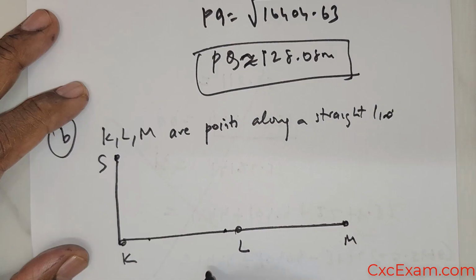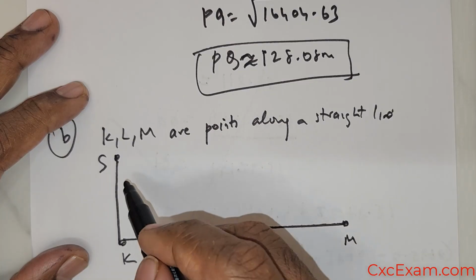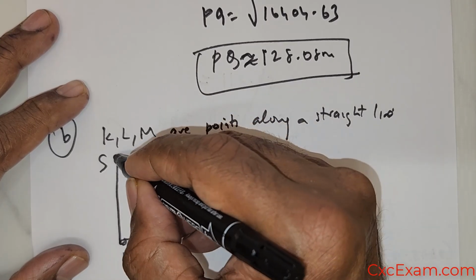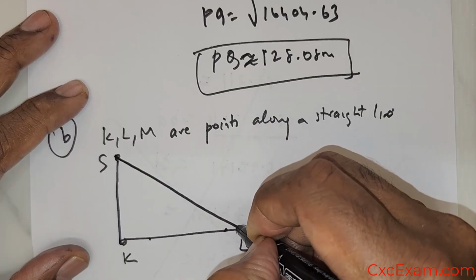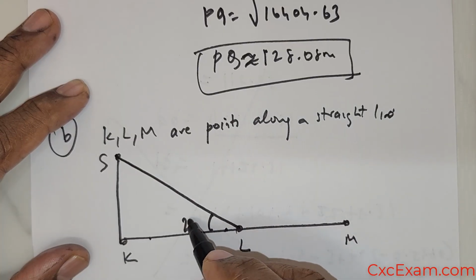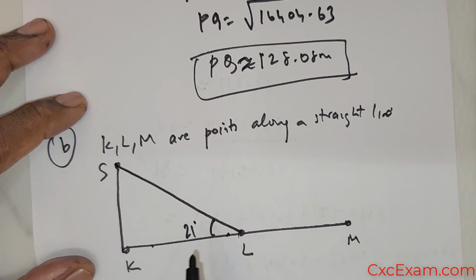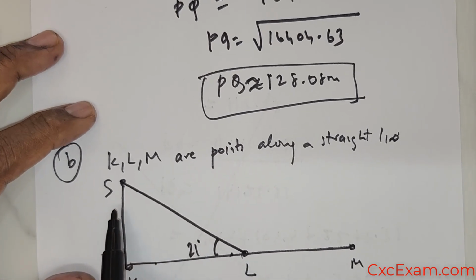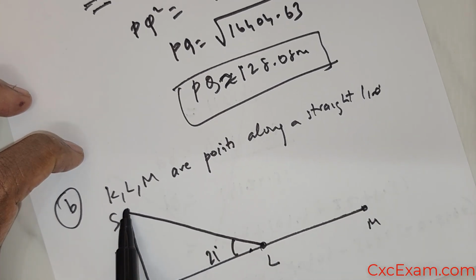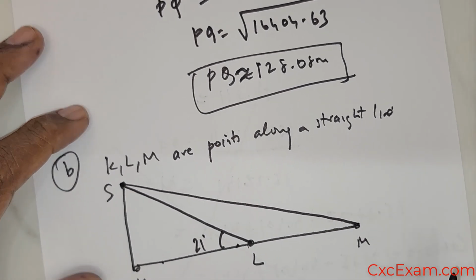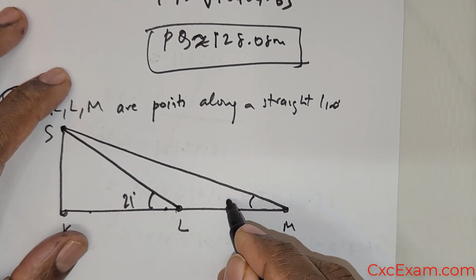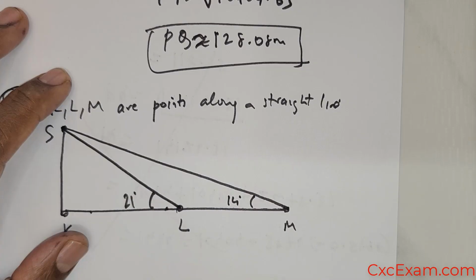Now the angle of elevation of the top of the pole S from L is given to us as 21 degrees, and from M, this is also given, let me draw this, as 14 degrees.